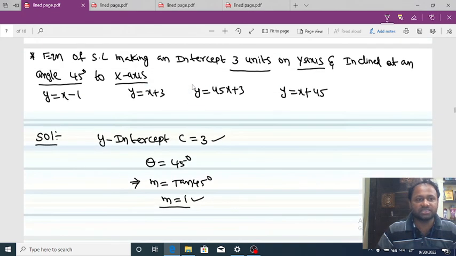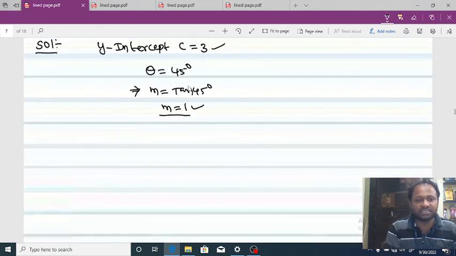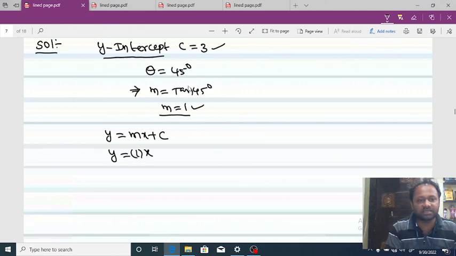Then the question is the equation of the straight line. The equation of the straight line is y is equal to mx plus c. This is the formula because the y-intercept is given. So y is equal to 1 into x plus c. The c value is 3.